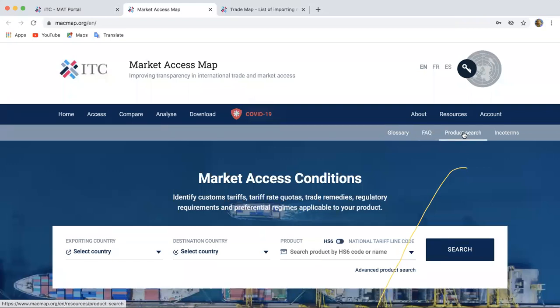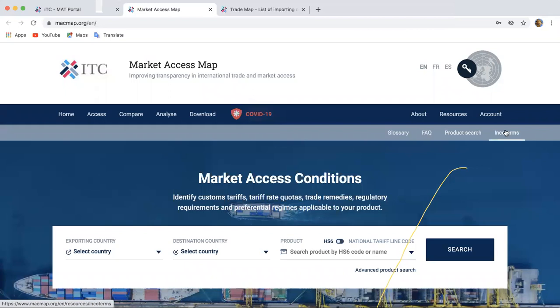It also has the harmonized system product search built in, but normally when you enter into Market Access Map, you would already know your product code from your Trade Map searches. I never go to Market Access Map without my code, so it's a similar system as well.